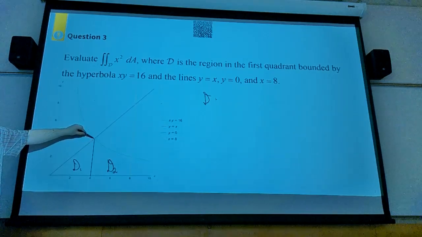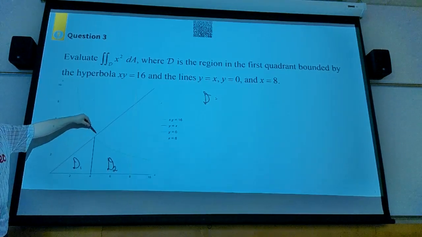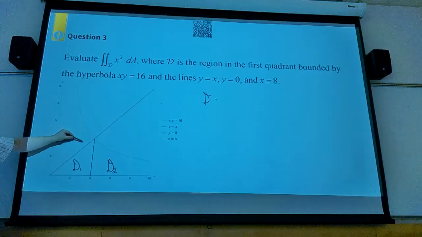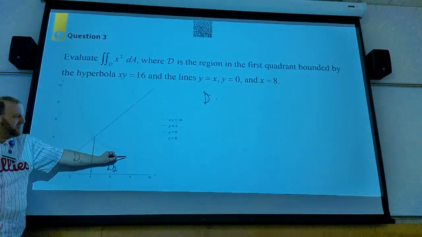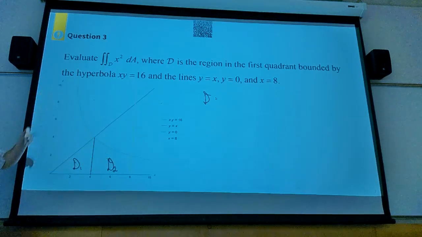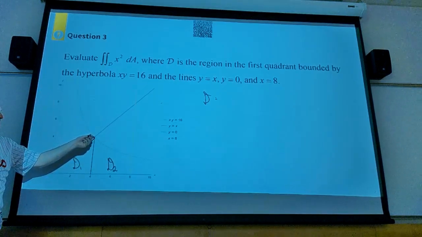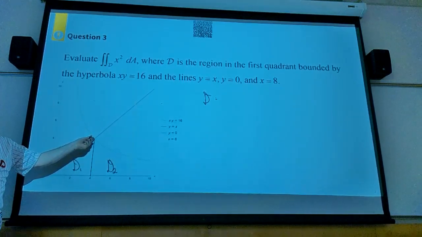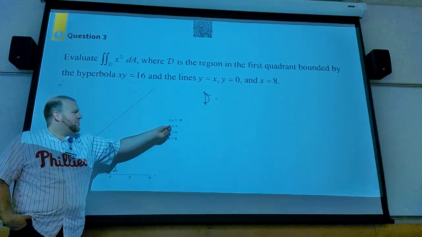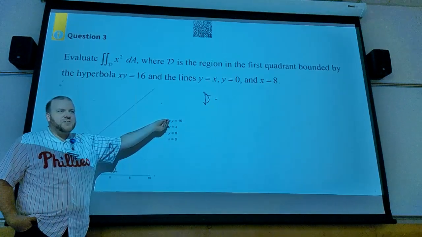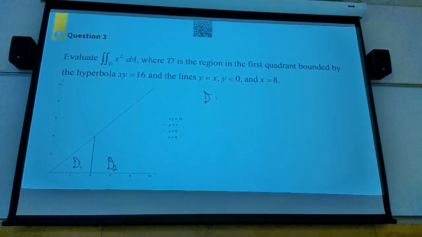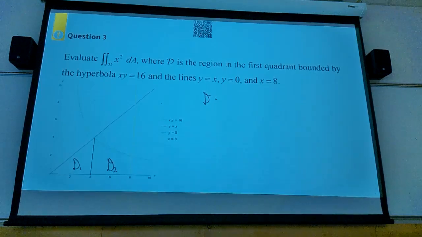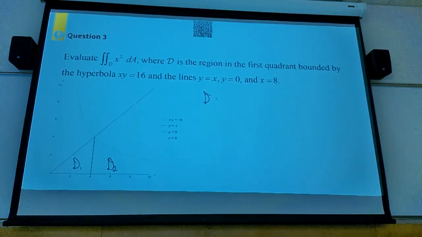What's this? What curve is that? What curve is that? Line 25. What's the green? X equals 16. What has to be true at their point of intersection? They're equal. They're the same, right? X squared equals 16. So X has to be 4.